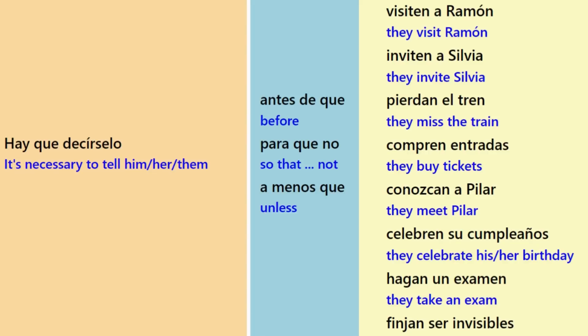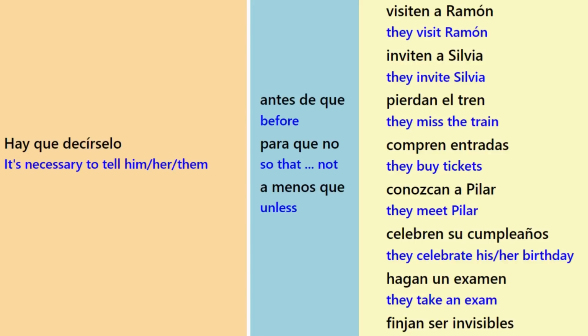So remember, decírselo was to tell him, her, or them. So how would you say, you need to tell her so that she doesn't invite Silvia. Hay que decírselo para que no invite a Silvia.